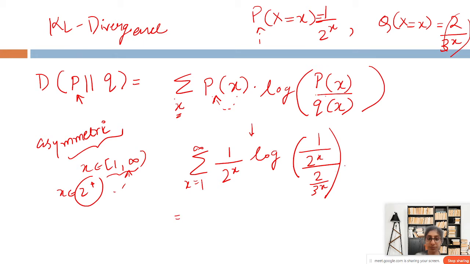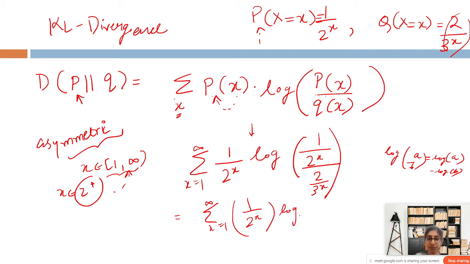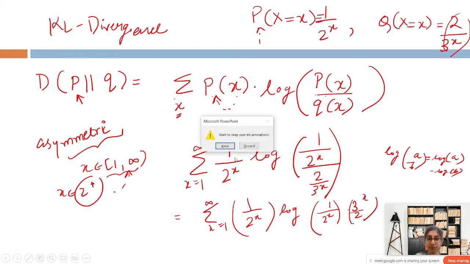So I know that log of A by B, I can either write as log A minus log B, or I'll first simply solve it here. x equals 1 till infinity, 1 upon 2 to the power x into log of 1 upon 2 to the power x into 3 to the power x upon 2. So what does this value come out as?